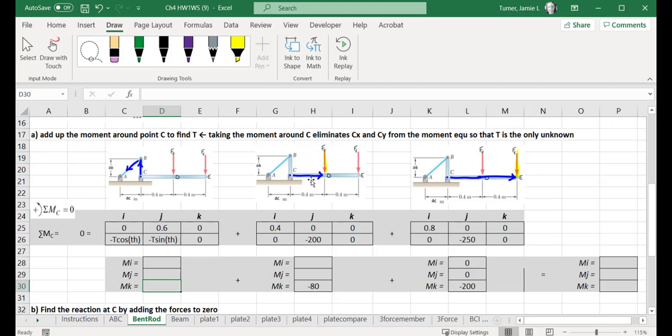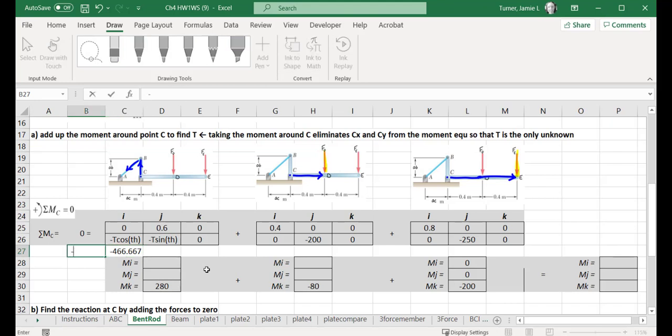So you can see that these negative clockwise moments are going to have to be balanced by that tension. So that means that 0 minus 0.6 is going to be equal to this. So that means this T cosine is going to be equal to this divided by this.